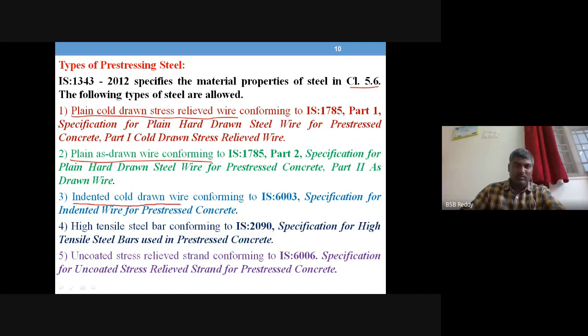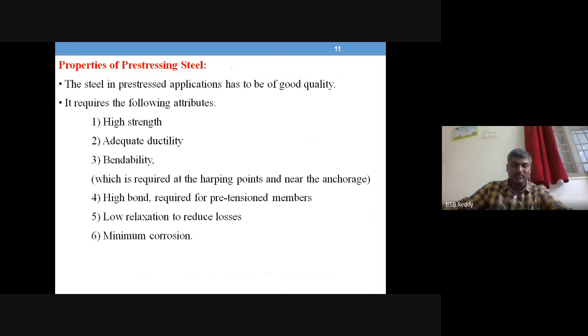Indented cold drawn wire, high tensile steel bar, and uncoated stress relieved strand. These are the types of steels prescribed by the IS code in class 5.6. Just open your IS code 1343, go to class 5.6. You can find the types of steels, which I'll be showing you.